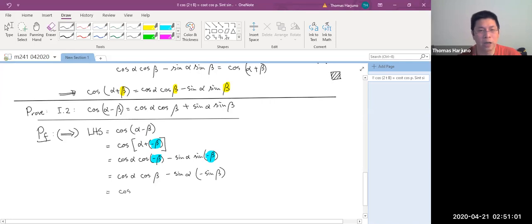That's cosine alpha cosine beta plus sine alpha sine beta. That's our right-hand side. That's the end of the proof.